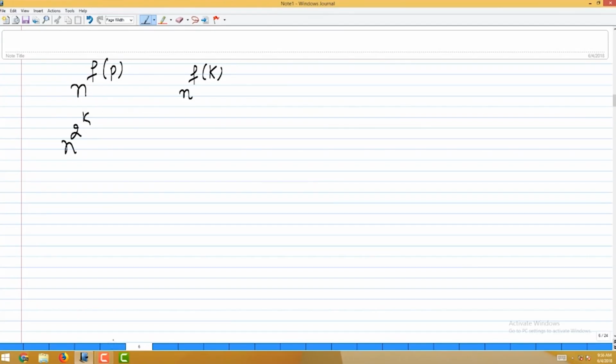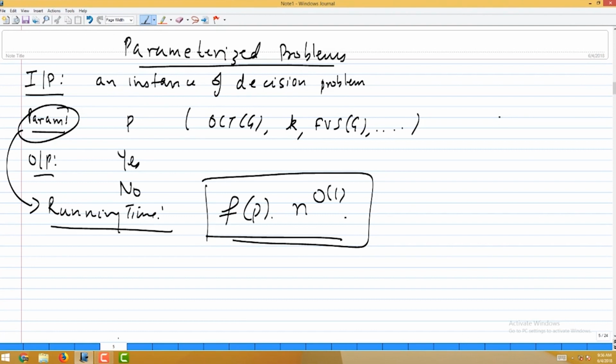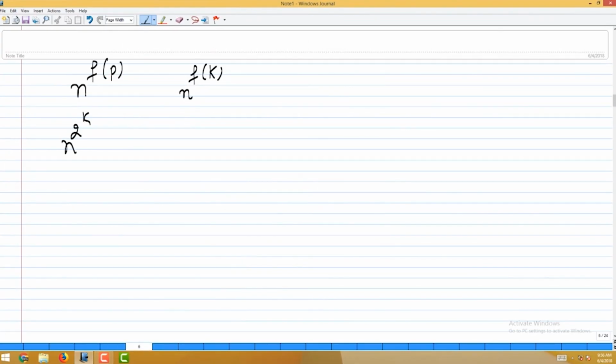In a sense, the fixed-parameter algorithms are better because their polynomial function is independent of the parameter, in the sense that for any value of the parameter, it is the same polynomial function. For example, if I design an algorithm with running time 2 power p times n square, then for p equal to 1 it's an order n square algorithm, for p equal to 2 also it's an order n square algorithm, and so on. So the polynomial doesn't grow with the parameter, right? And in this paradigm it does.